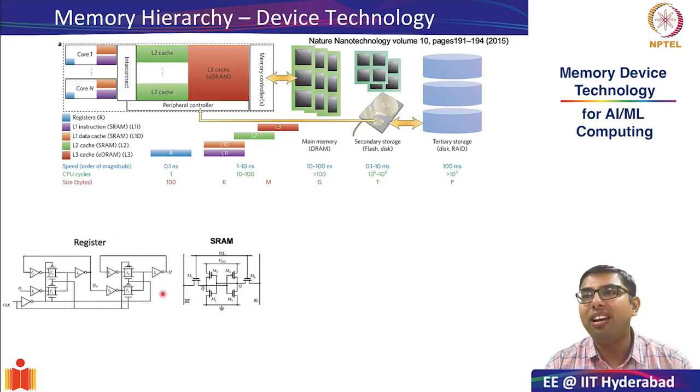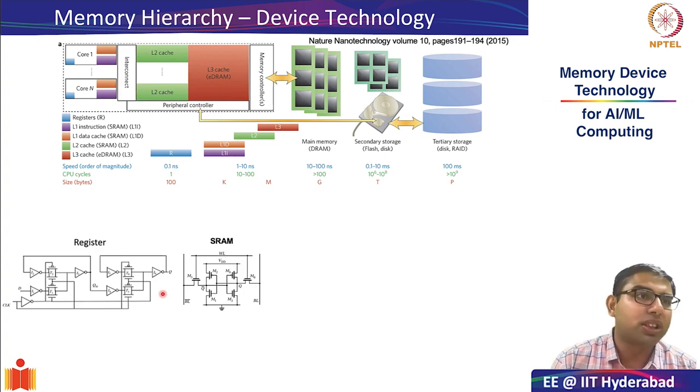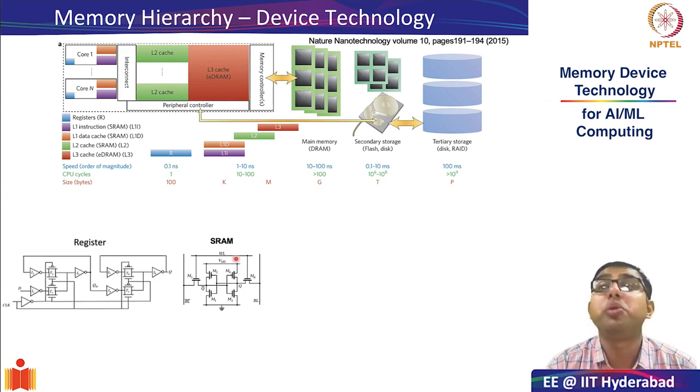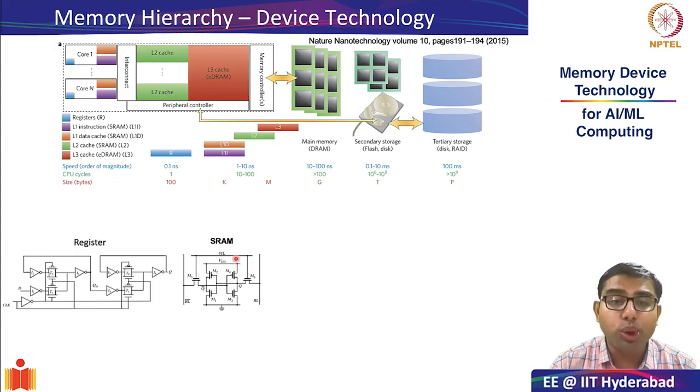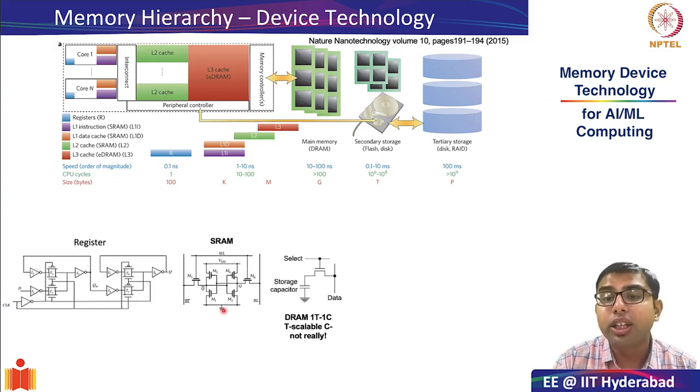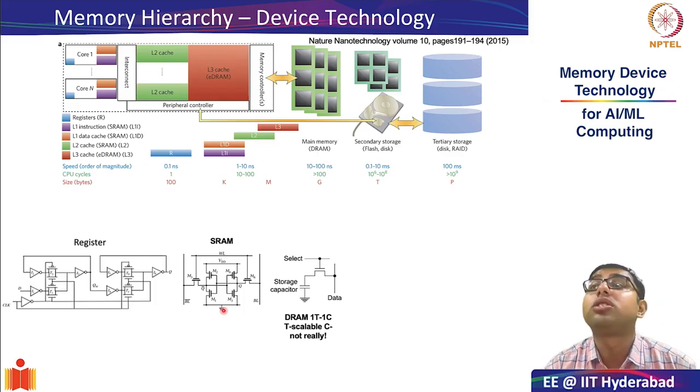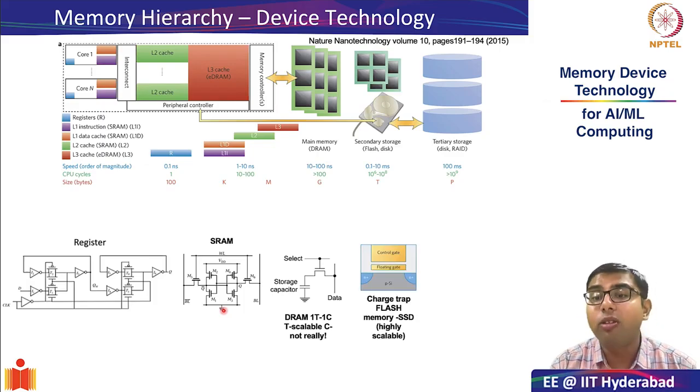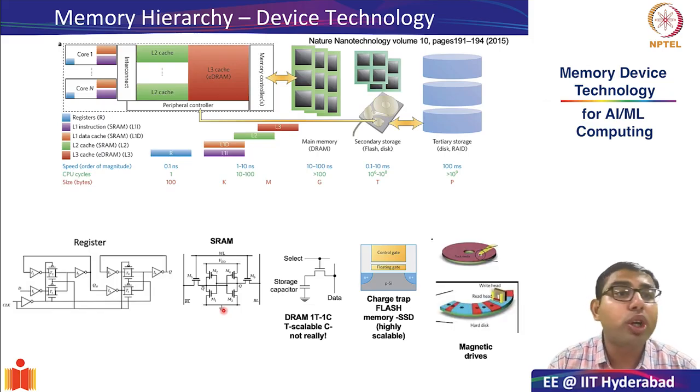An SRAM cell, using similar concepts of positive feedback loop, which we will cover in detail very soon, consists of only 6 transistors. Your DRAM consists of just 1 transistor and 1 capacitor, and your NAND flash consists of just a single transistor, and of course you have your magnetic disks.